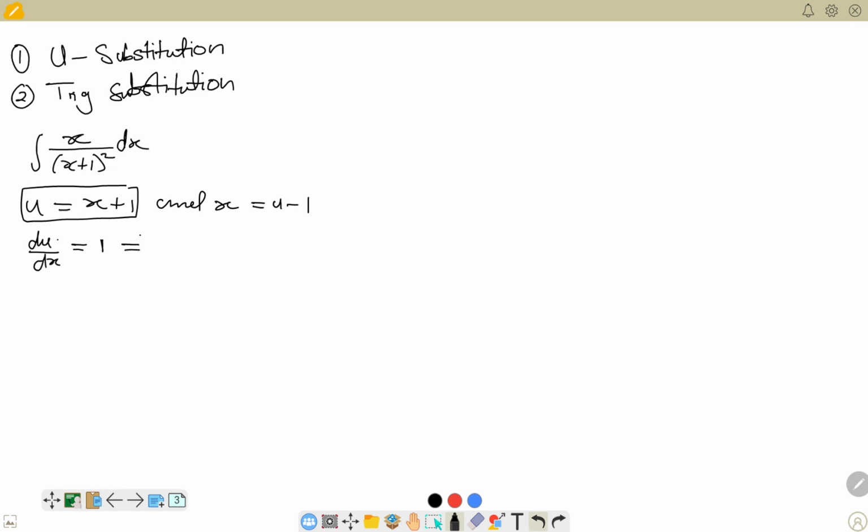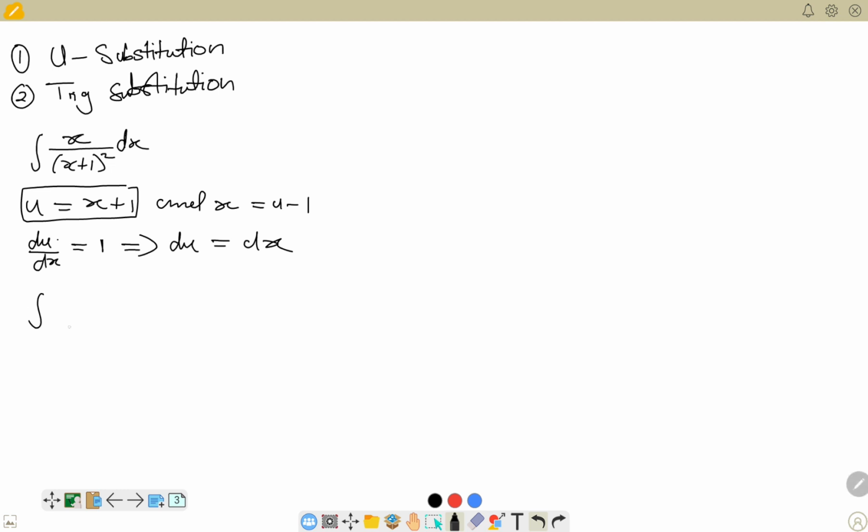Then I can actually solve for du. If I take dx to the other side, just multiply by that 1, it's going to be du equals dx. So the reason why I did this, I want now everything to be in terms of u for me to be able to integrate.